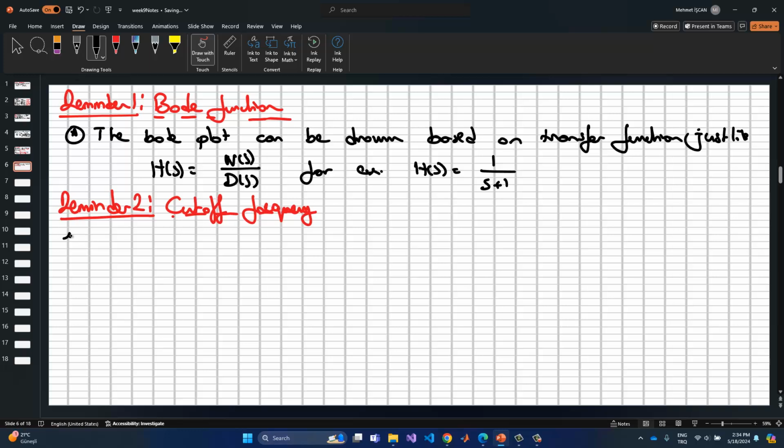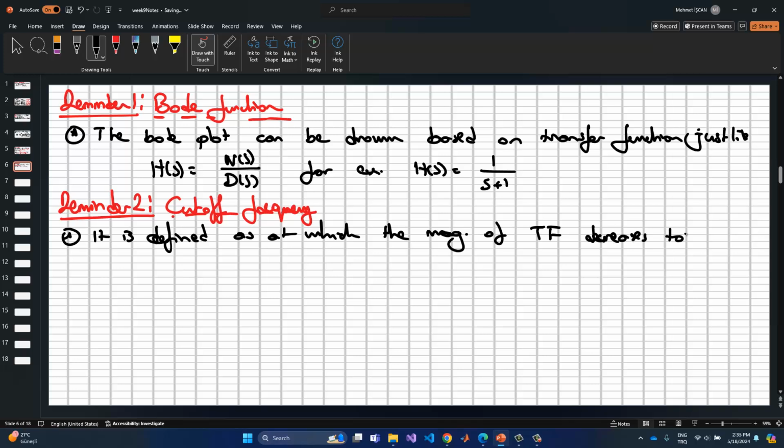Okay, it is defined as the frequency at which the magnitude of the transfer function decreases to 1 divided by square root of 2, or in another term 0.707. Okay, or in the power notation minus 3 decibel point, which is the half of the power.